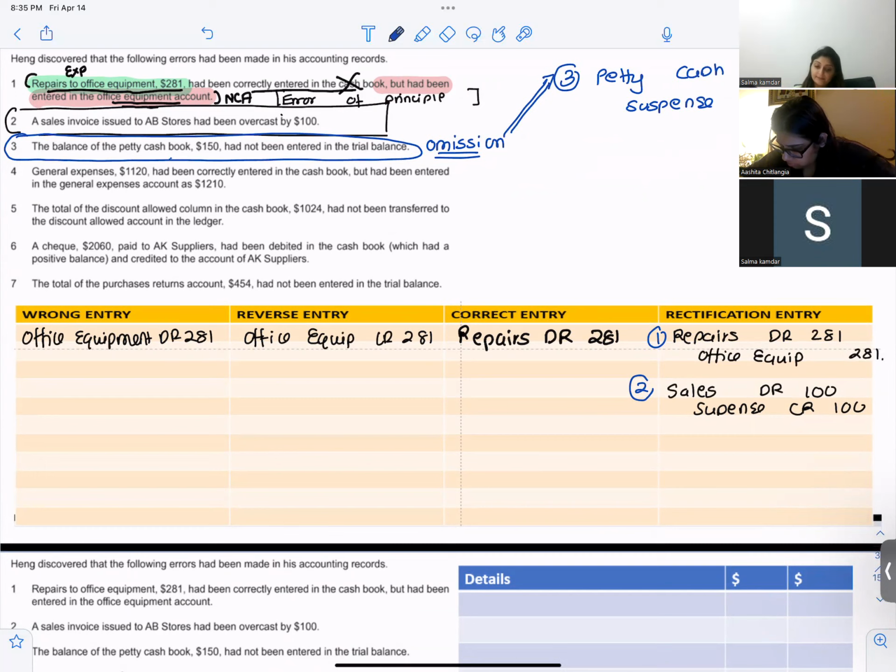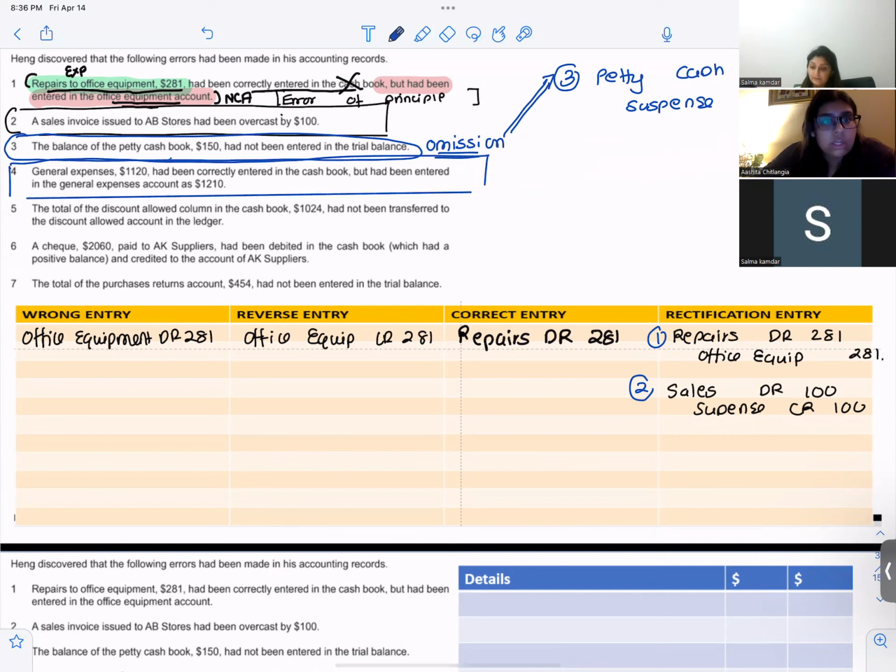Fourth entry. General expenses of $1120 had been correctly entered in the cash book, but entered in the general expenses account as $1210. It is correctly done in the cash book, so I will do nothing in the cash book. What is the error?